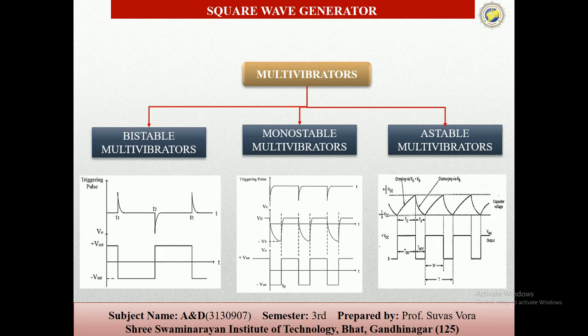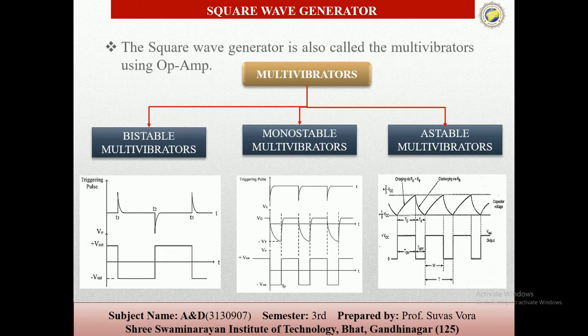Bistable is nothing but we get the pure waves, they have no pulse or triggerings. Monostable is we can get the pulse like this, and at that VD means the diode voltage, and these are the output. But the astable has no input signals, so this type is called the multivibrator.